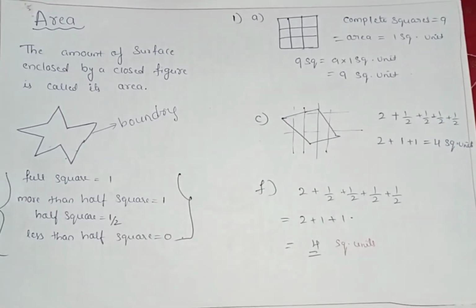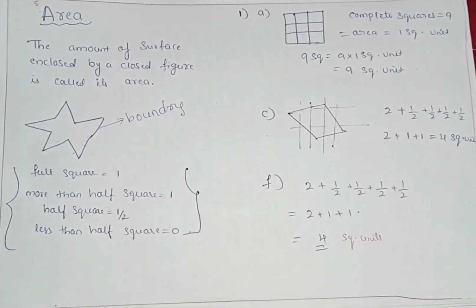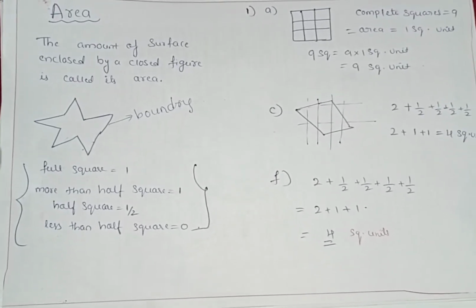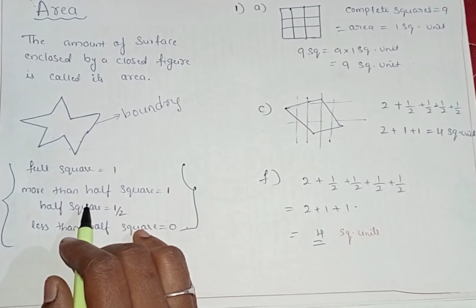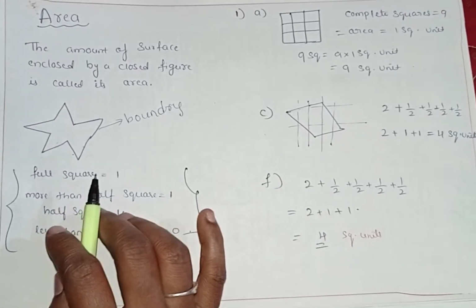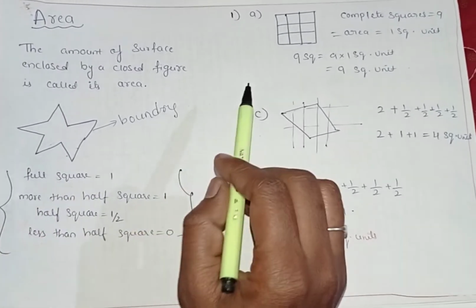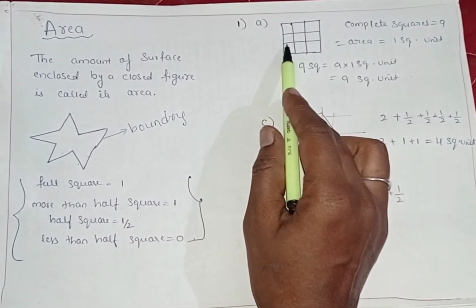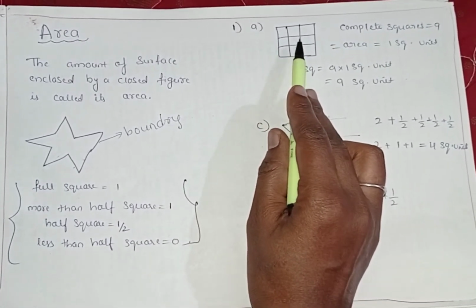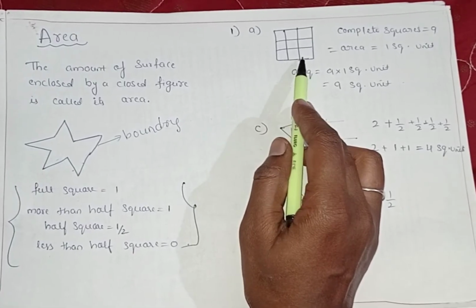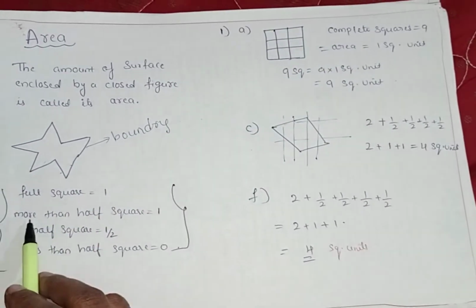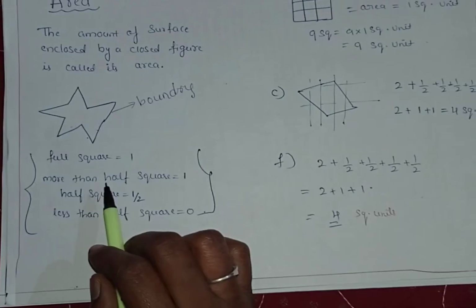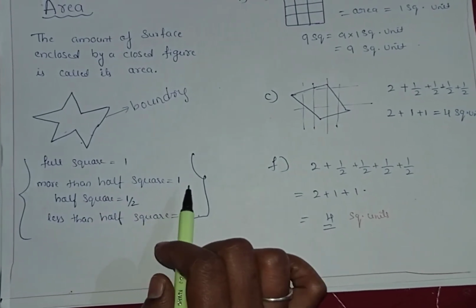Okay, next, before going to solve exercise 10.2, let me consider some conditions. In 10.2, we have to calculate the area of the given figure. To calculate the area, one full square we take as 1 unit. More than half a square equals 1 unit.